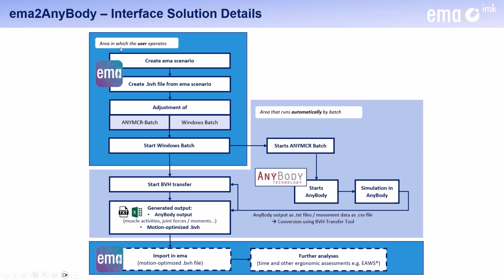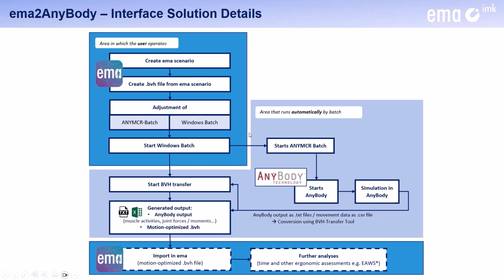In the general workflow, first of all we create the EMA scenario, and with the EMA scenario we can create the movement of the digital human model as a BVH file. It's a motion file we can use in AnyBody. Then we use two batch files. One is an AnyMCR batch from AnyBody, which was already integrated in AnyBody. The new one, developed in the research project, is a Windows batch file.